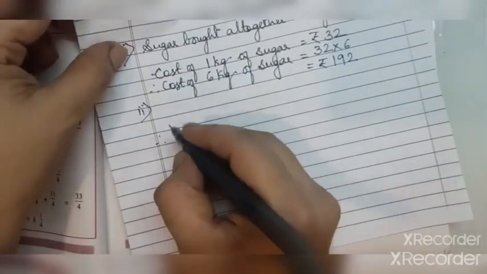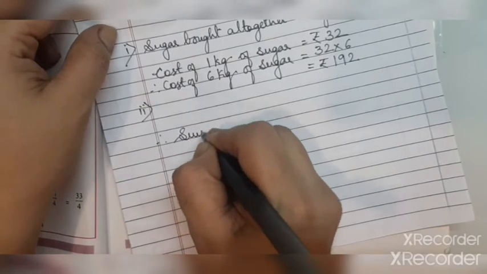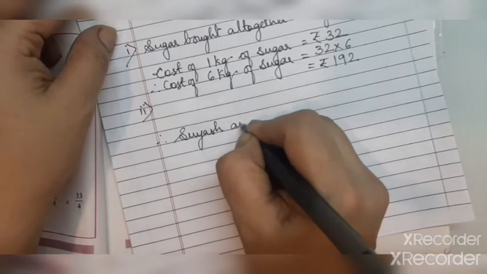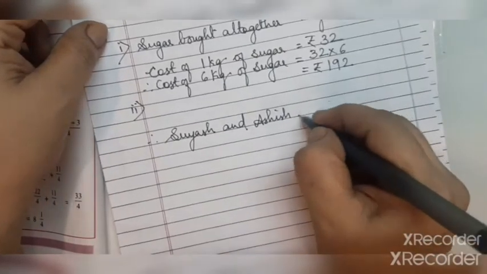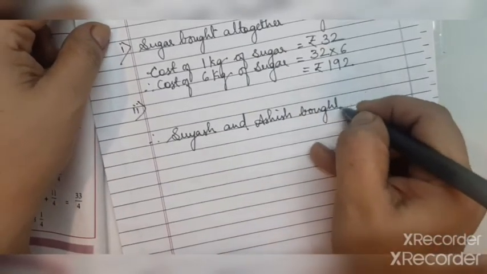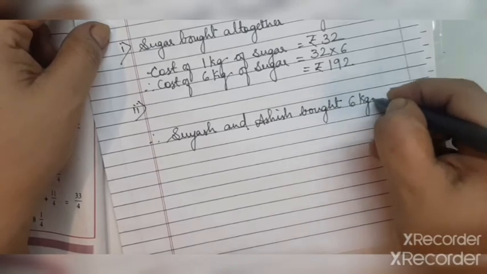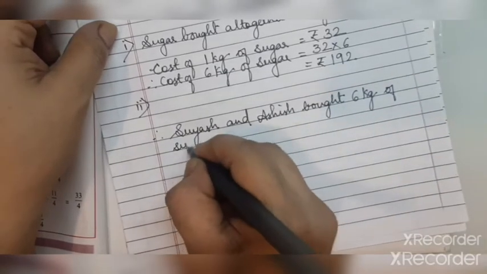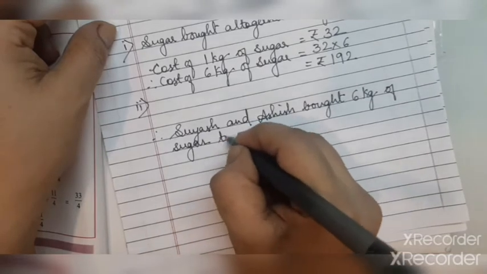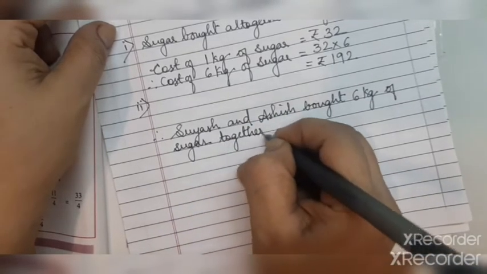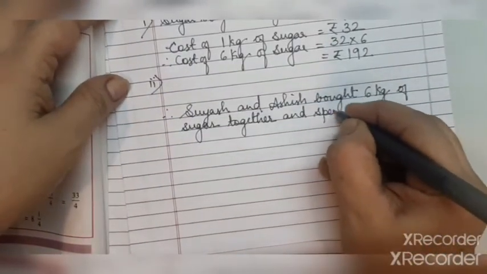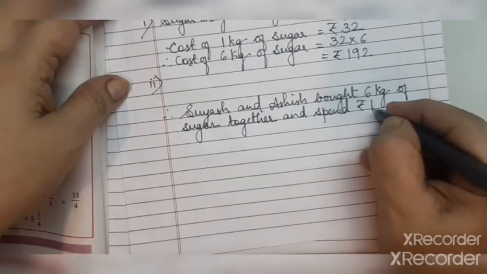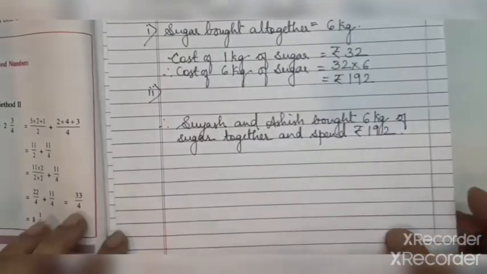So we'll write: Suyash and Ashish bought 6 kg of sugar together and spent rupees 192.